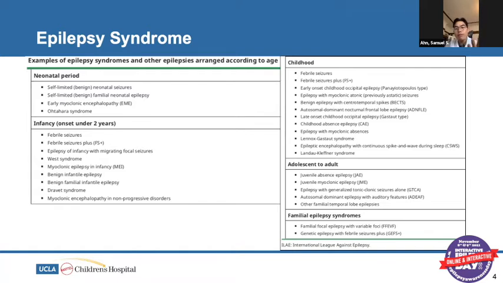So while there can be a similar presentation in a patient with epileptic spasms, the underlying cause may be different, birth injury versus a genetic cause versus others. So it's just one example of how there's not a one-to-one correlation with an epilepsy syndrome and the underlying cause.